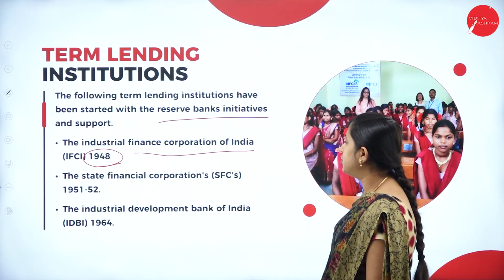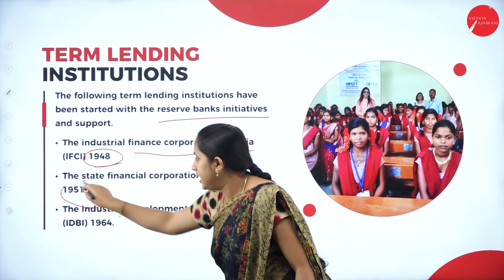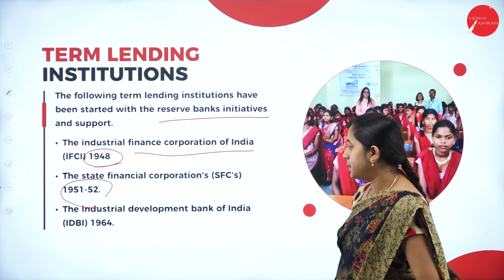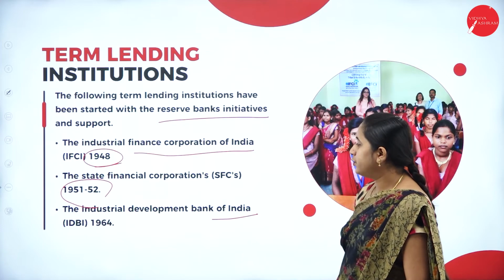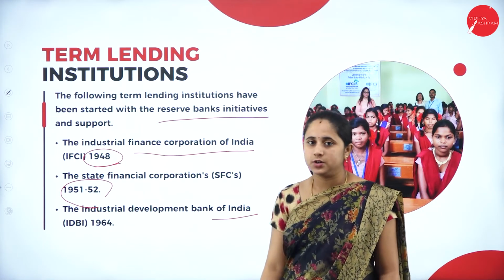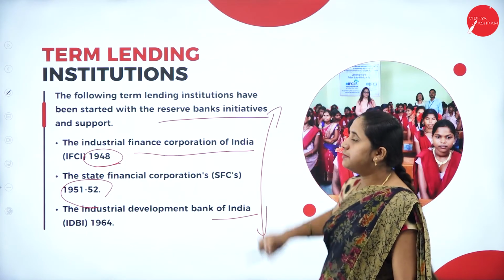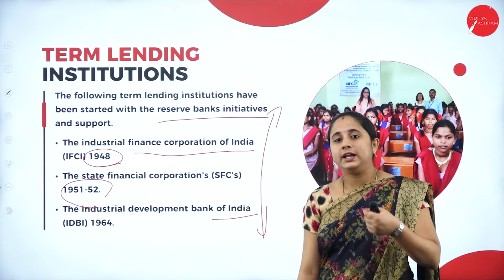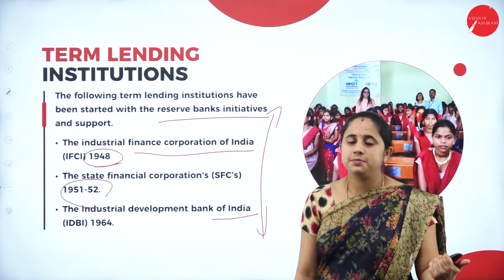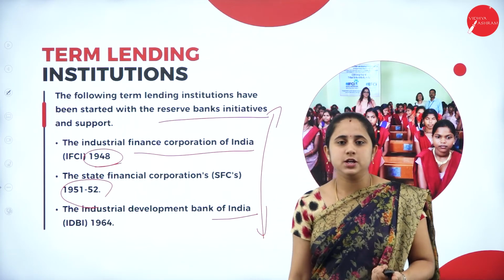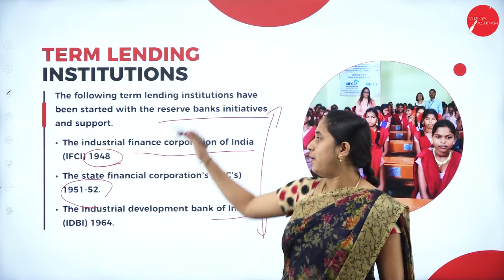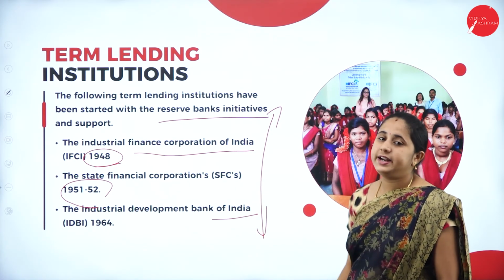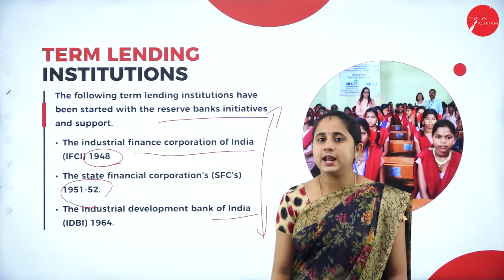Next, the State Financial Corporations, SFC, in 1951-52, to provide finance for industrial purposes. Then the Industrial Development Bank of India, IDBI, in 1962. These are all term lending institutions, short-term and long-term credit lending institutions for industrial purposes. For agricultural purposes we have separate banks or institutions, and for industrial purposes we have separate institutions, that is IFCI, SFC and IDBI.